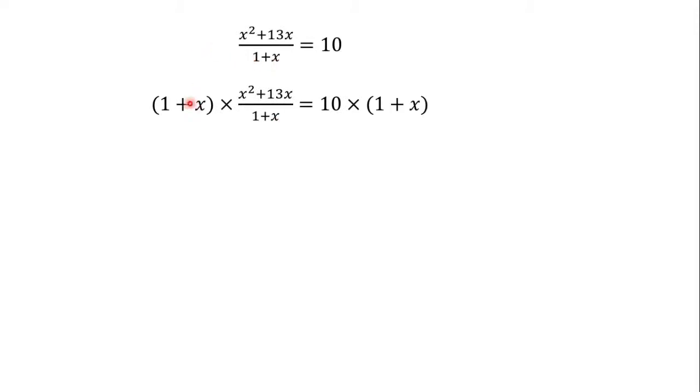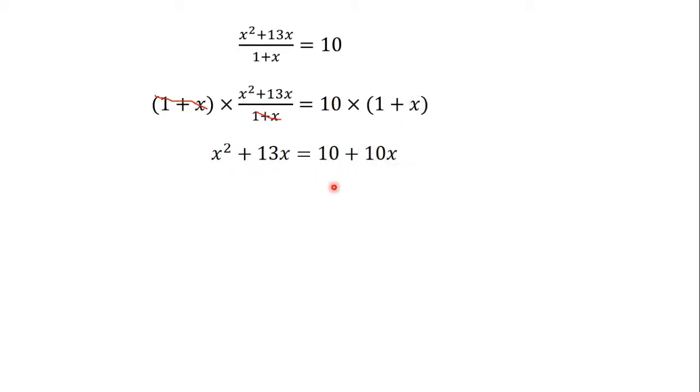So I'll multiply the left hand side by 1 plus x, and I'll multiply the right hand side by 1 plus x. 1 plus x and 1 plus x will cancel as usual, so it means that the fraction is gone. The left hand side here is going to be x squared plus 13x. Then the right hand side is going to be 10 times 1 plus x, which will give us 10 times 1, which is 10, plus 10 times x, which is 10x.